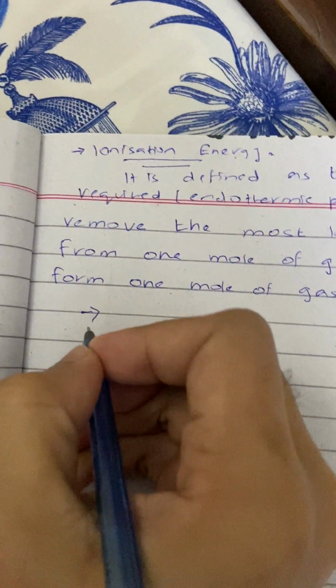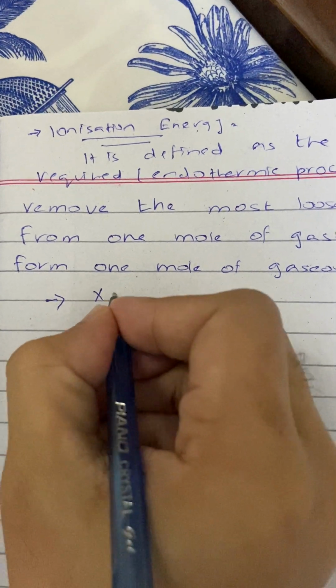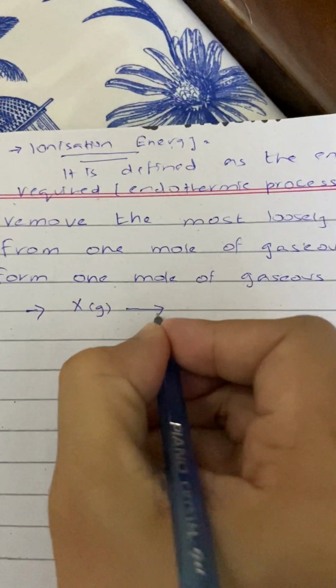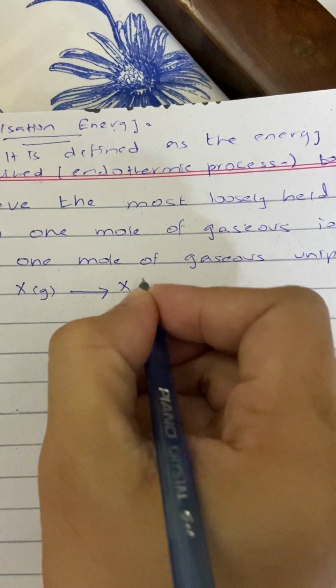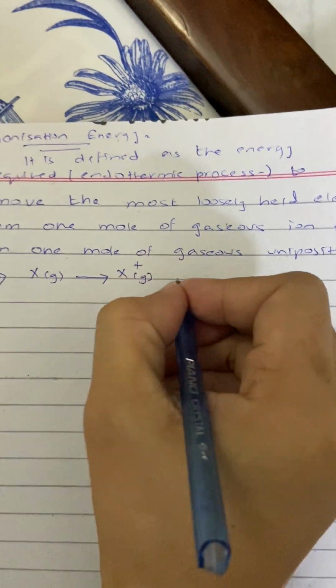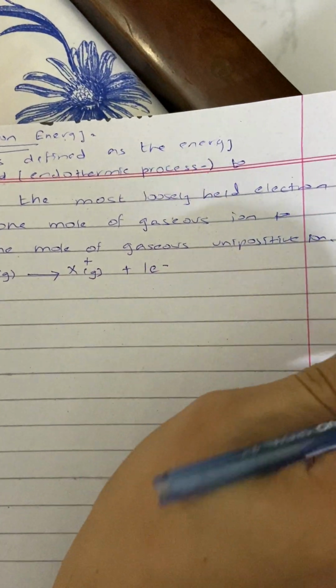The equation for the first ionization energy is X gaseous becomes X positive gaseous, a monopositive ion, by the loss of 1 electron.